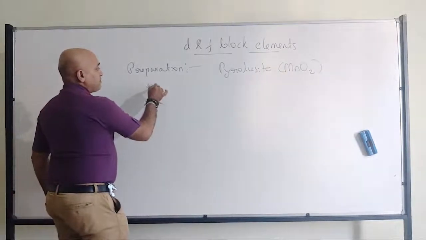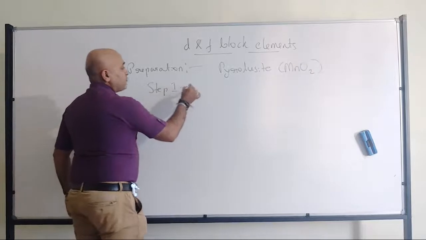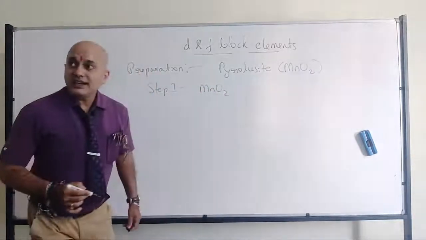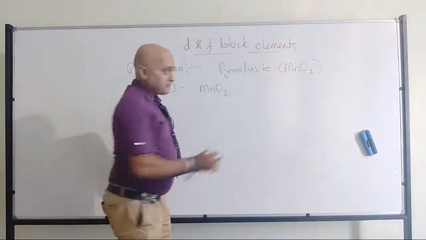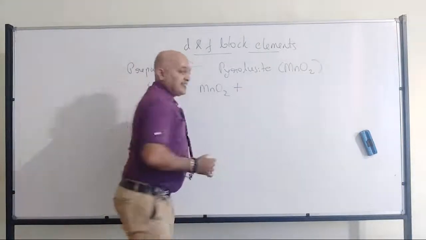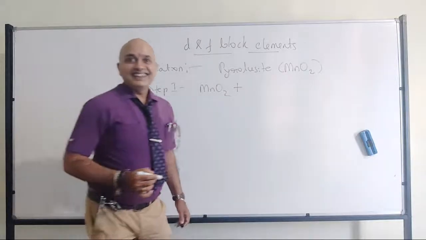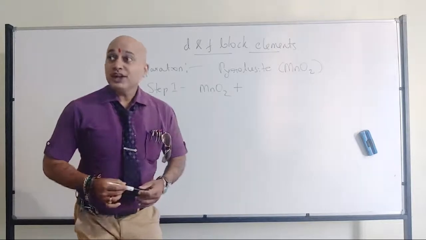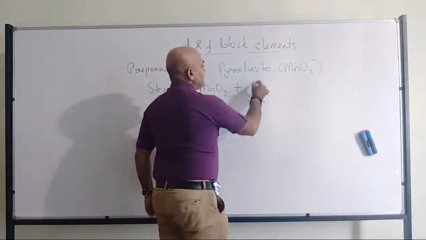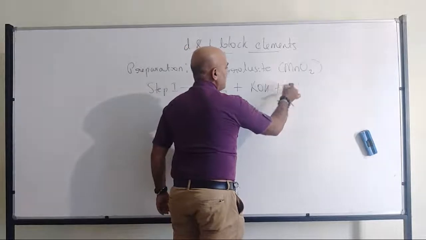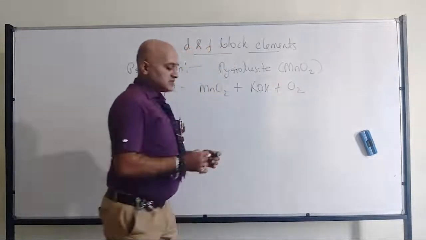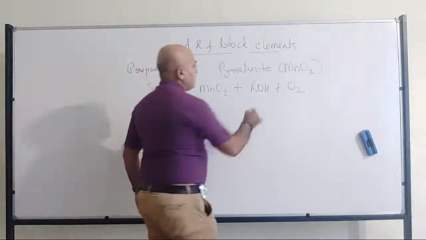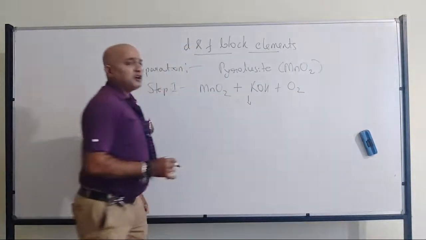So what is step 1? Step 1 is nothing but this pyrolusite will be treated with potassium hydroxide, right? It will be treated with potassium hydroxide in the presence of oxygen. All of you will agree? Now what will happen?